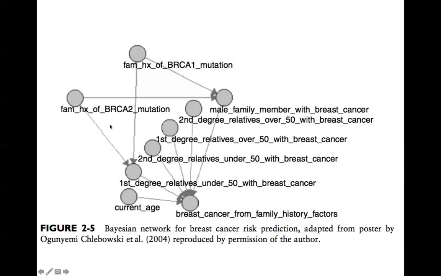We know BRCA1 and BRCA2 are two important gene mutations for breast cancer. Then the current age and relatives under 50 having breast cancer are strongly related. So using this Bayesian network, we can calculate, I won't say precisely, but approximately, to estimate the chance you get breast cancer.